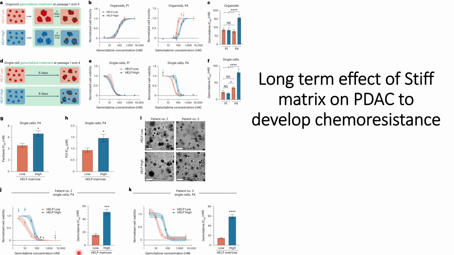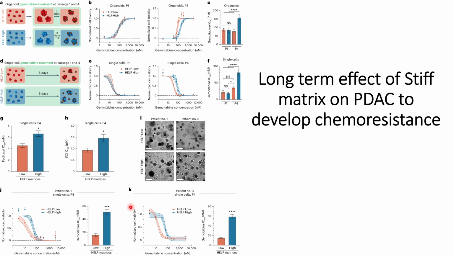These things are quantified in this gemcitabine IC50 analysis, where the high matrices required more gemcitabine compared to the low HELP matrices, which required a statistically reduced amount of gemcitabine IC50.